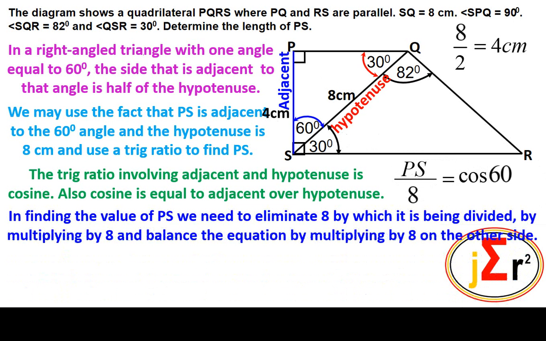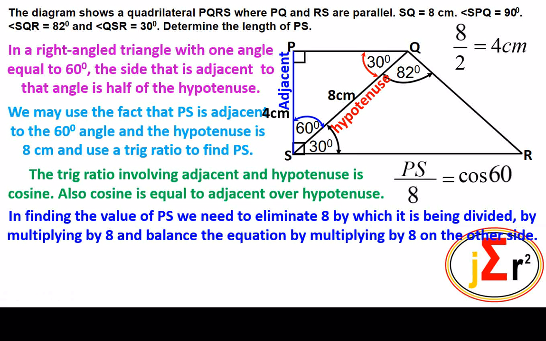We have a simple equation whose solution will give us the length of the side PS that we are attempting to find. In finding the value of PS, we need to eliminate the 8 from the left-hand side on which we have PS. 8 is related to PS by division. We will therefore eliminate this 8 by multiplication.